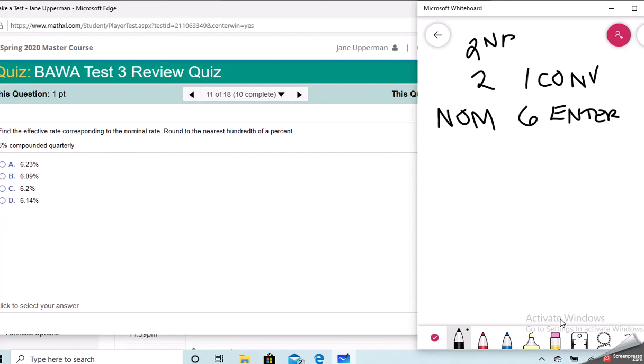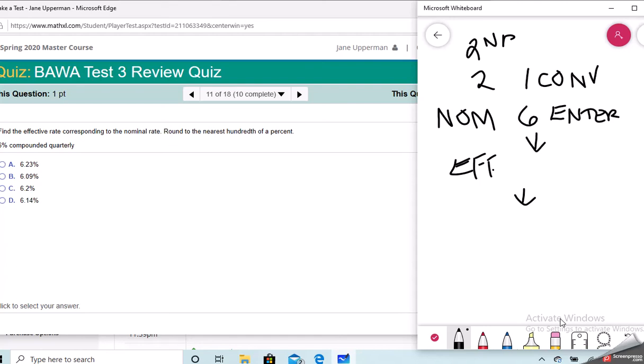Then you arrow down, and the next field that you come to is the EFF, and that's what we're computing.